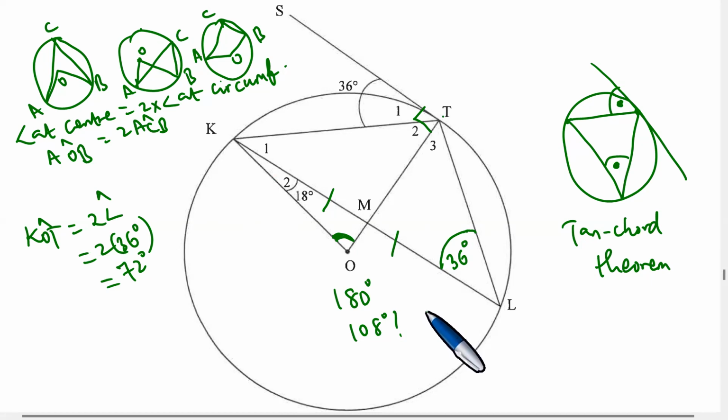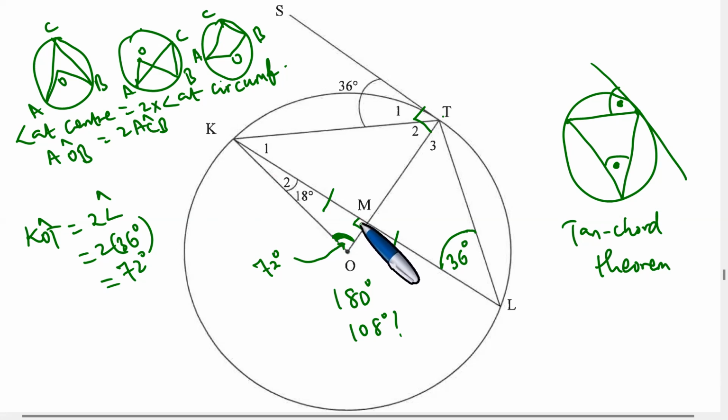To prove this, one way is to show that angle KMO is equal to 90 degrees. This one you already know is 72 degrees. 72 plus 18, what is 72 plus 18? It's 90. So this one is also 90 degrees.